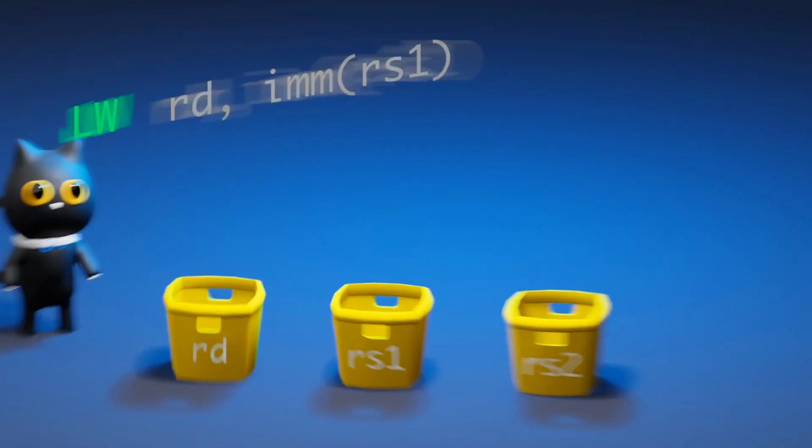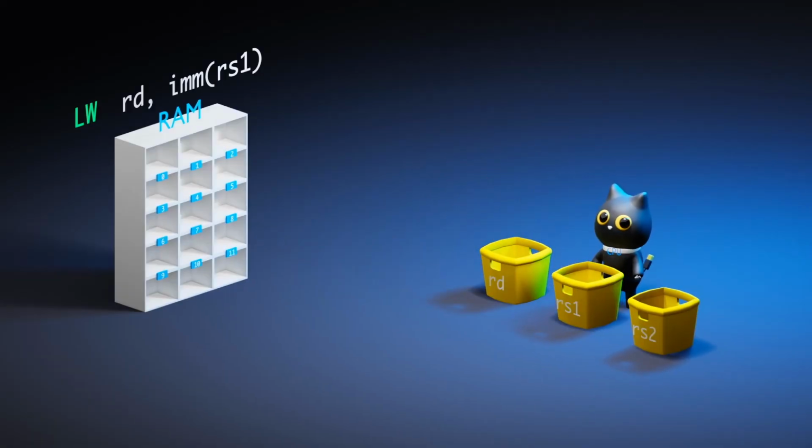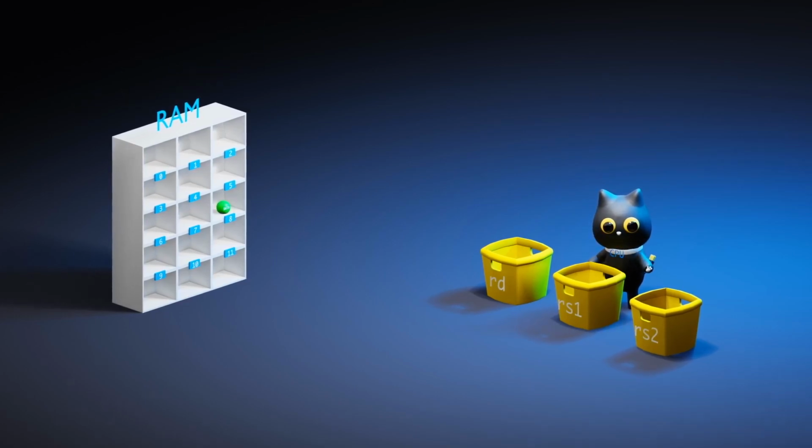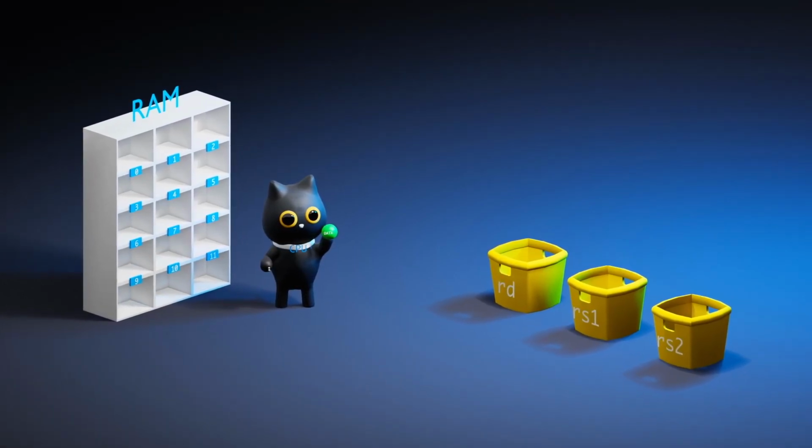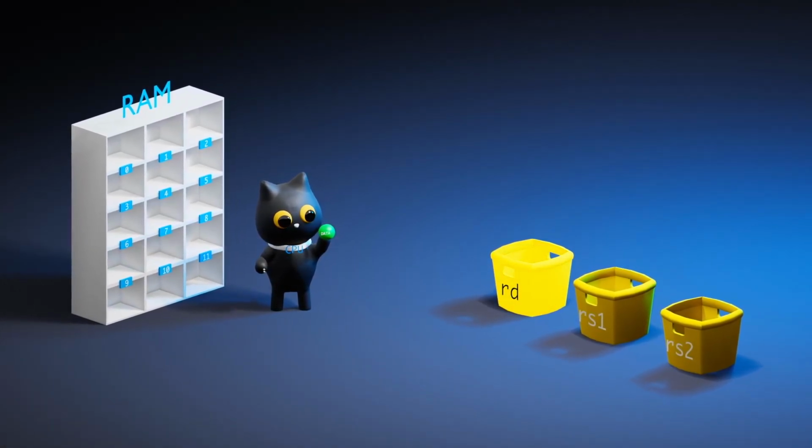This means that the CPU will read the memory address in the source register, say location 5, and add to the address by the amount specified by the immediate, for example 3, which makes it 8. It then accesses the memory at location 8 to retrieve the data to be loaded into the destination register.